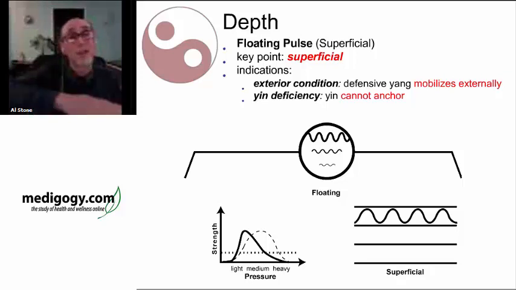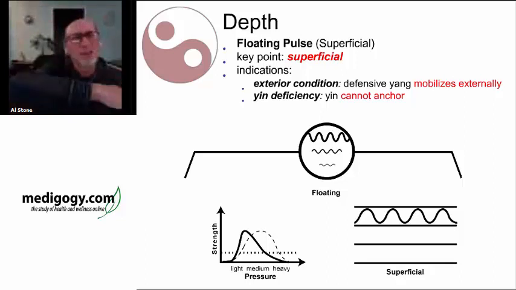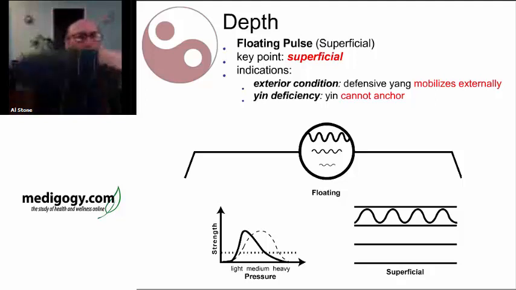I talk about the sine wave and the square wave, but there's also the wave that's rounded on the edges, but still kind of square, or else it could be slippery in that the waveform doesn't seem to have an up or a down. You can't really feel the edges of it with the slippery pulse, but it could be very, very hard, in which case you might call that slippery and wiry, or as I like to say, slary.